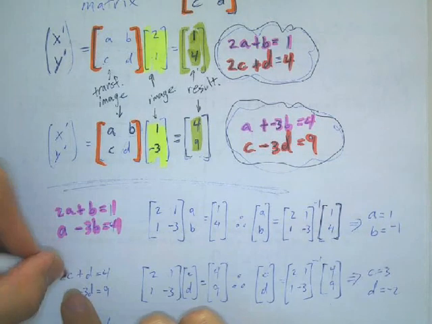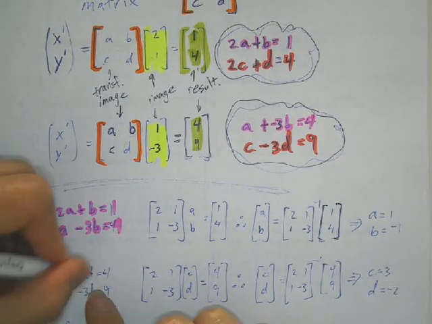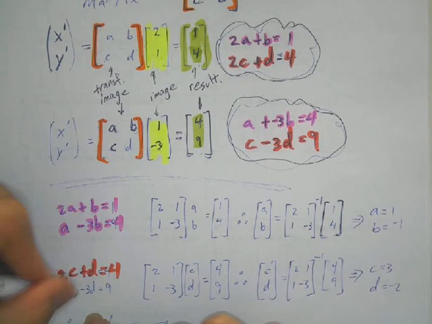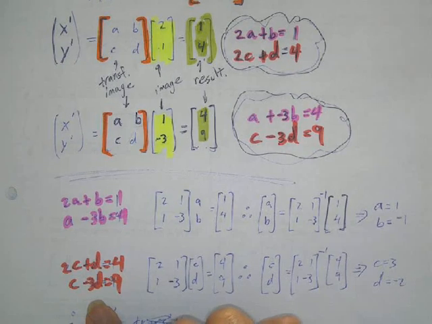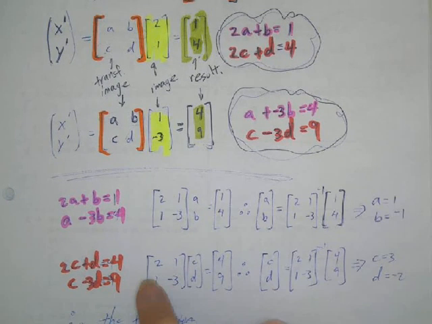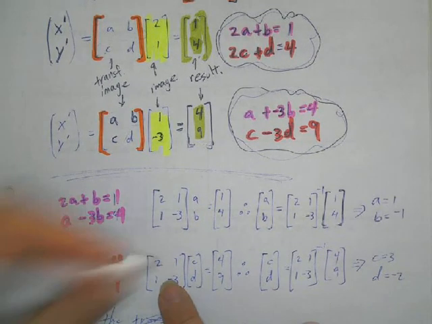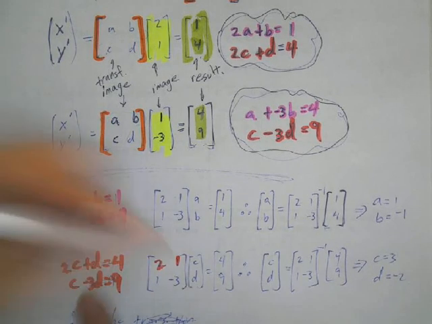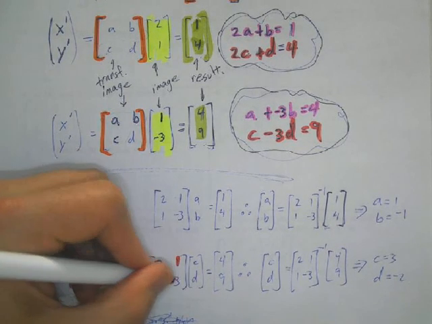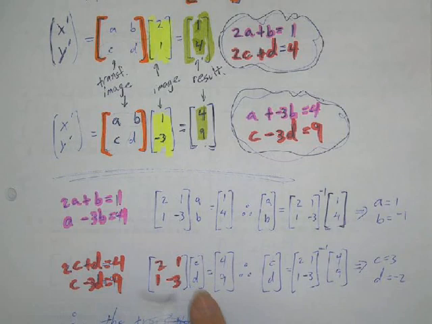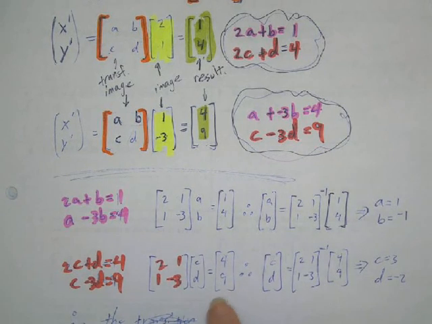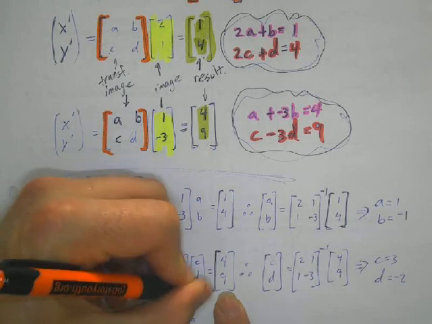So taking those rows, I'm going to write this as our coefficient matrix of 2, 1, 1, negative 3. So that's my coefficient matrix. My variable matrix is C and D, and my constants matrix here is the 4 and the 9.